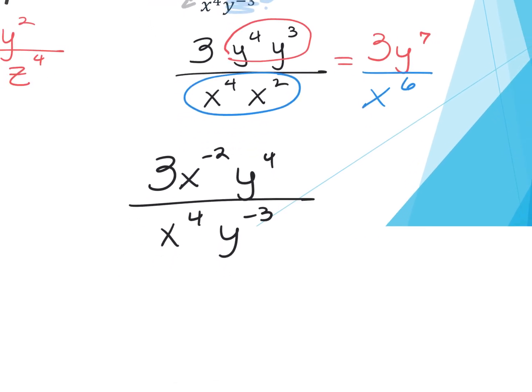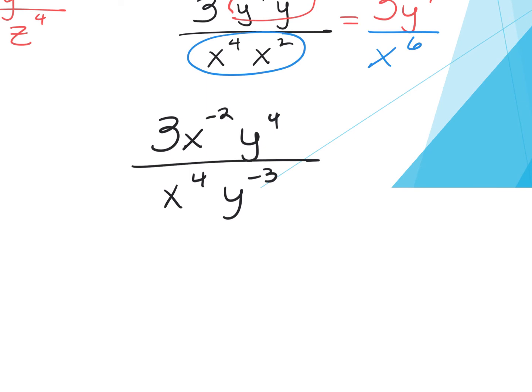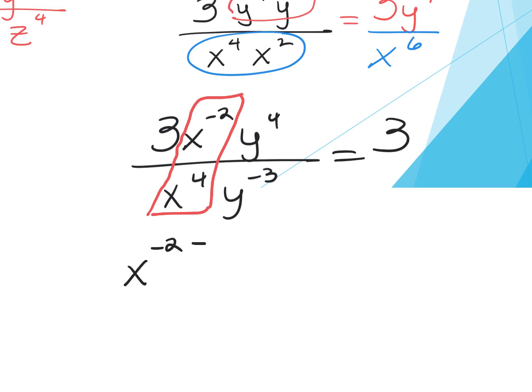So if you don't want to move the negatives, what we can do is recognize that we have two exponents here with the same base. And what we're going to do is subtract their powers. So for the 3, it's staying in the top. But I'm going to do x to the negative 2 power minus 4. So when I subtract negative 2 minus 4, I get negative 6. Because it's a negative power, it's going to the denominator.